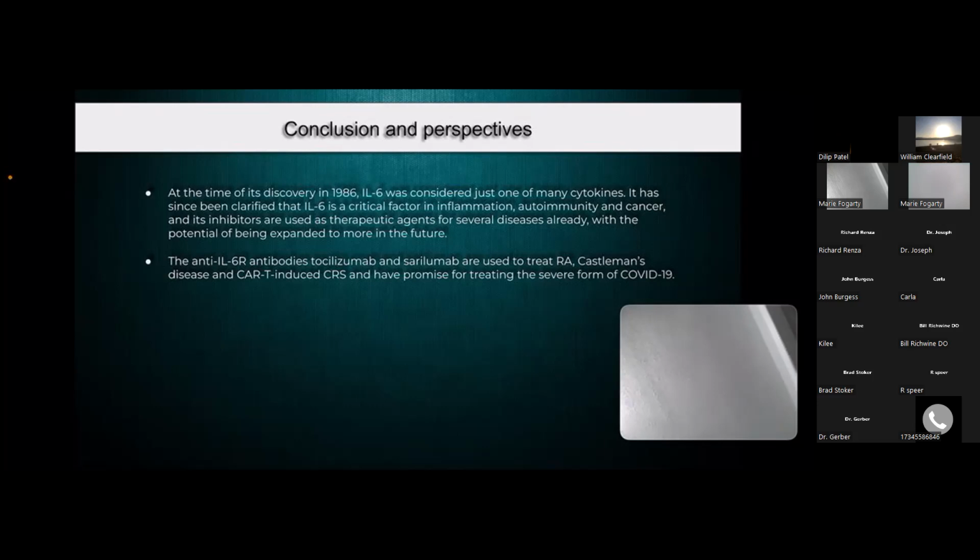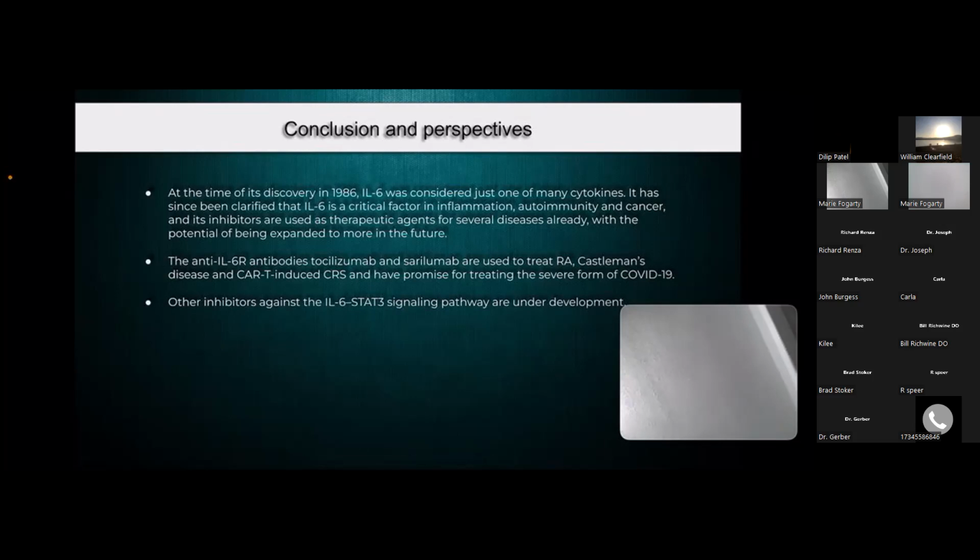Not sure what that means. I apologize. And they have promise for treating the severe form of, and I think this is a 2020 article, so this is before it got repurposed. Other inhibitors against the interleukin-6 STAT3 signaling pathway are under development.